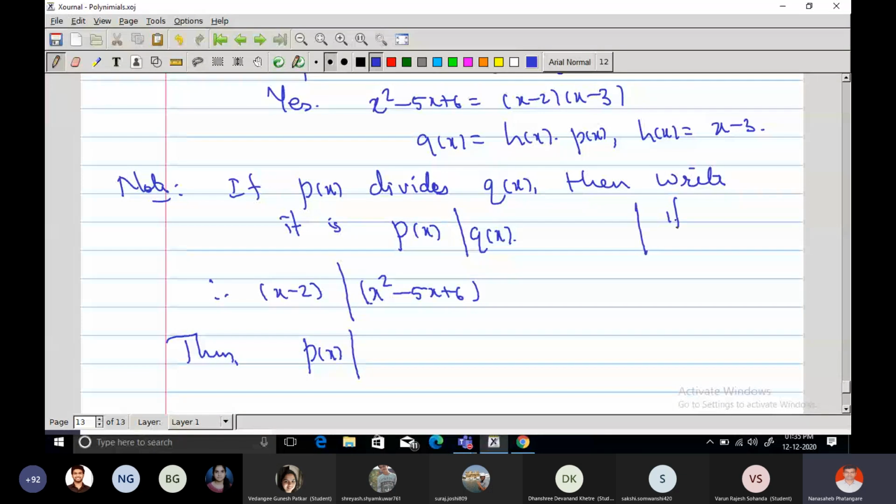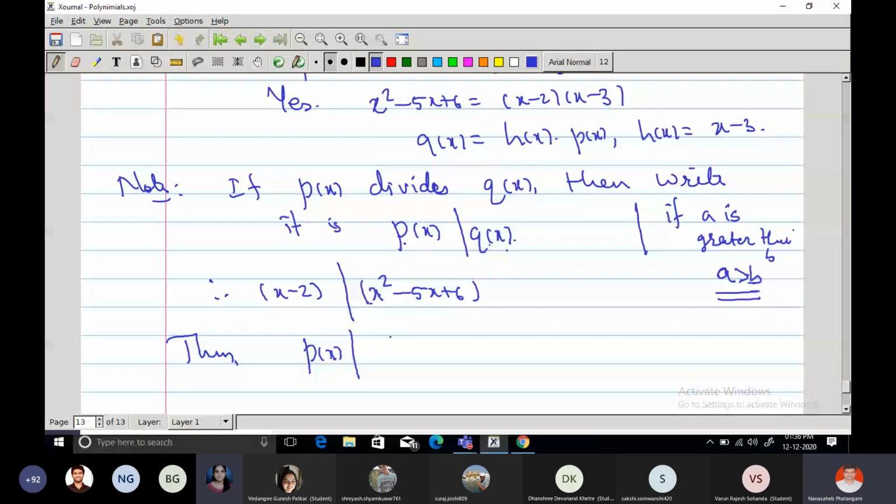This is a symbol to say that a is greater than b. Similarly, P divides Q means px vertical line qx. What is the meaning of this? px divides qx. That means x minus 2 divides x square minus 5x plus 6.